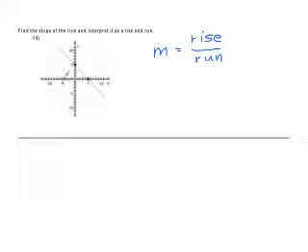If I pick this spot, then going to this point, the rise is 1, 2, 3, 4, 5. Negative 5, excuse me. We went down, right? Negative 5.